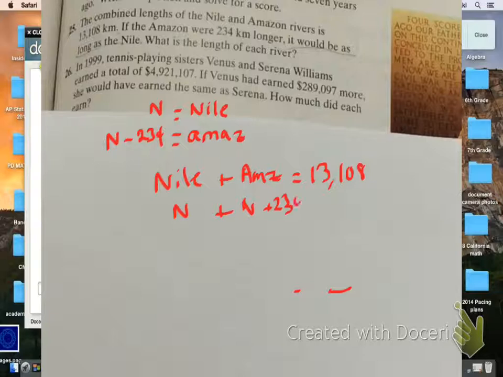So if I substitute in, we've got N plus N minus 234 equals 13,108. We end up with 2N minus 234 equals 13,108. Sorry about that, it should be minus 234.